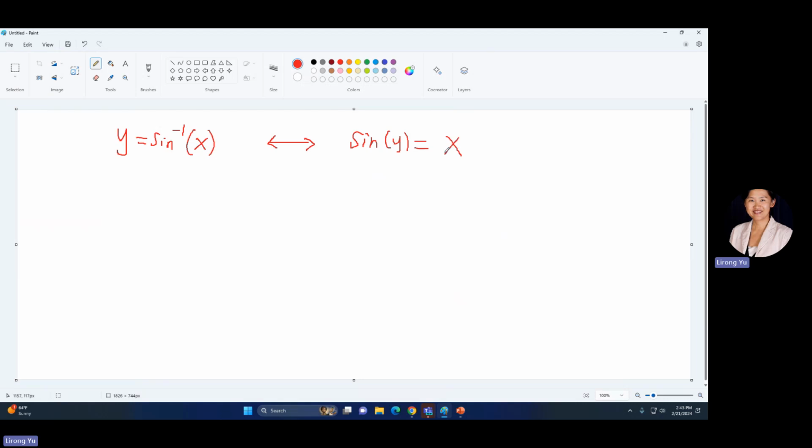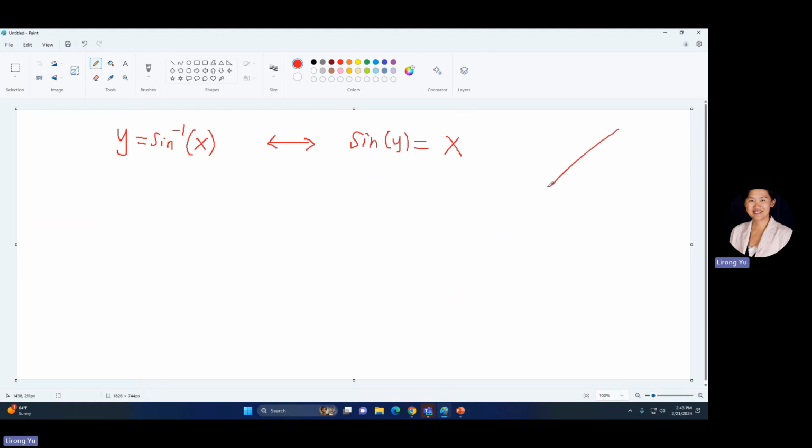This is equivalent. Whenever you have an inverse function, you have the original function between the inverse and the original. Before it was y equal to f inverse of x, and that means f of y equals x. Now with sine inverse, this is the same relation. Once you revert it back to the original notation, you realize the y is actually an angle.